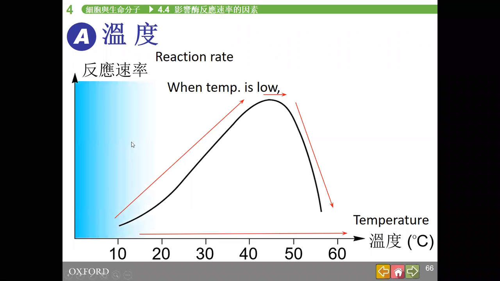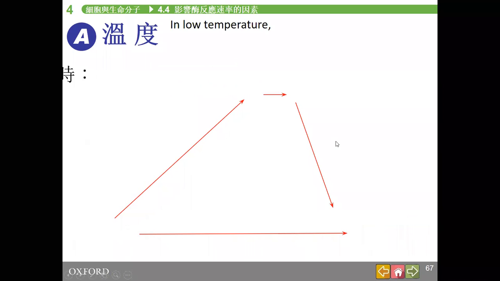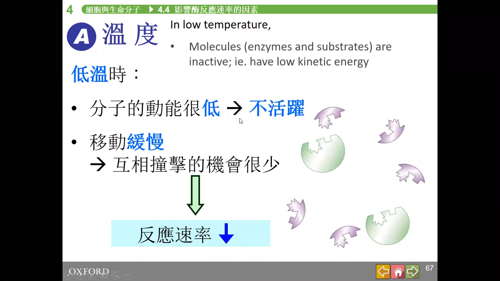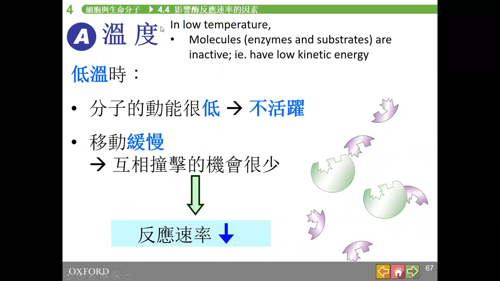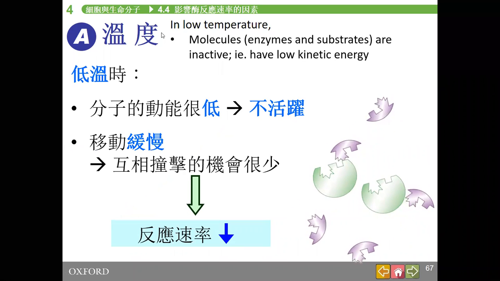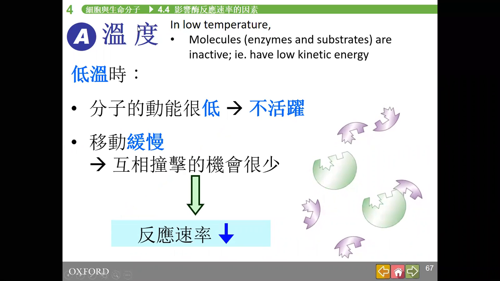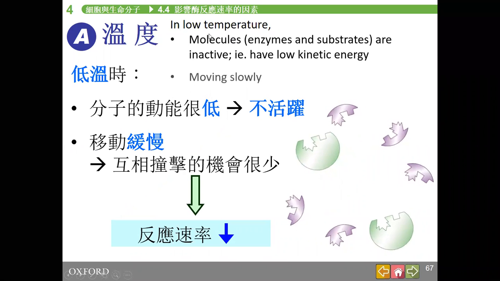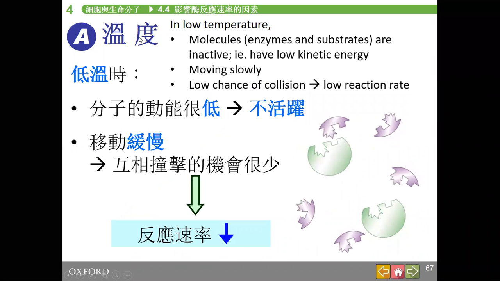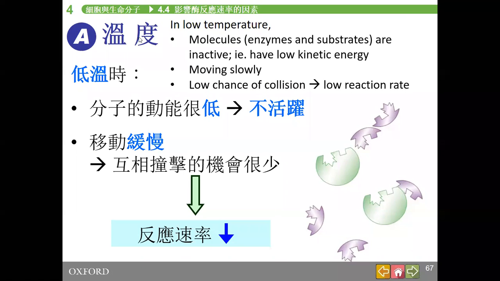So when temperature is low, what happens? Why is the reaction rate so low? At low temperature, molecules, for example the enzymes and the substrates, are inactive. They have low kinetic energy. You see that they are moving very, very slowly. So there's low chance of collision.